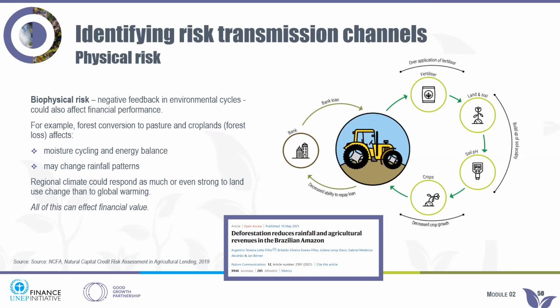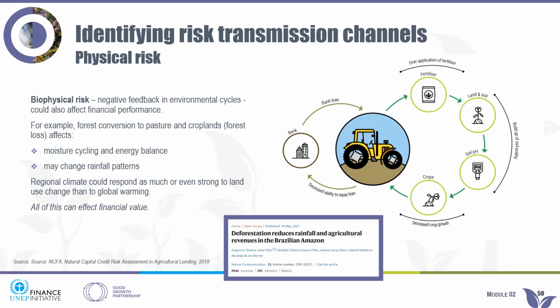In this context, we're going to use a very useful classification system that has been put together by the Task Force on Climate-Related Financial Disclosure, TCFD, which basically divides the different risks into two groups: physical risk and transition risks. In the context of deforestation risk, physical risk covers all the biophysical risks, while transition risk includes legal, compliance, regulatory, as well as reputation and market.